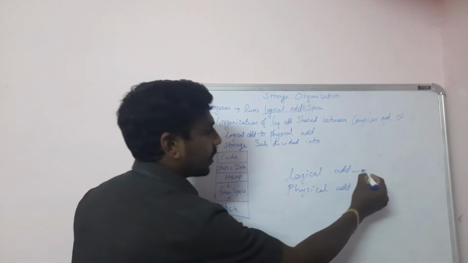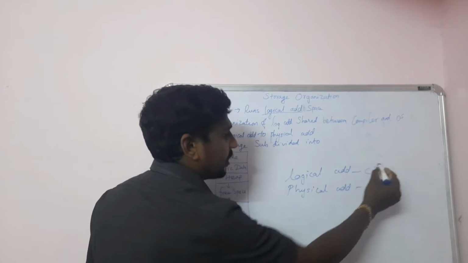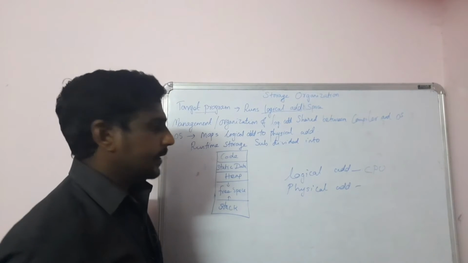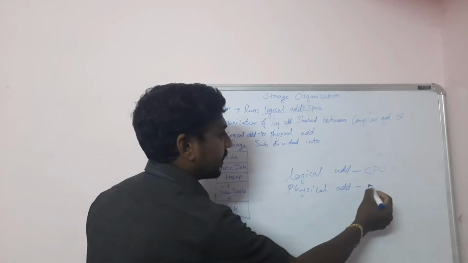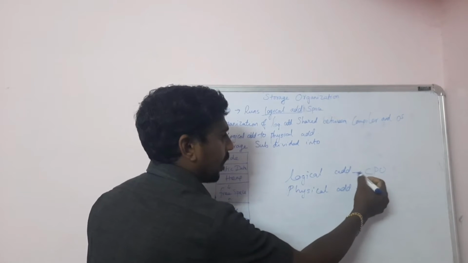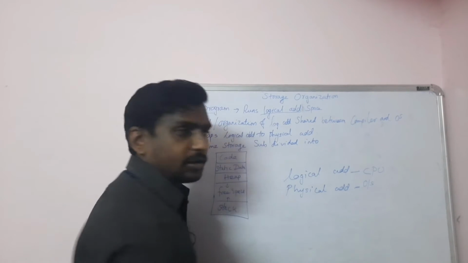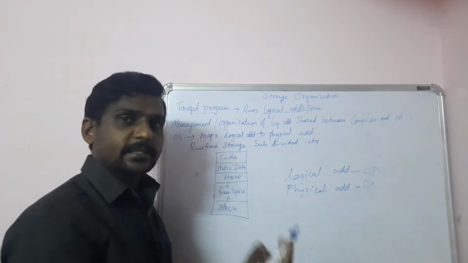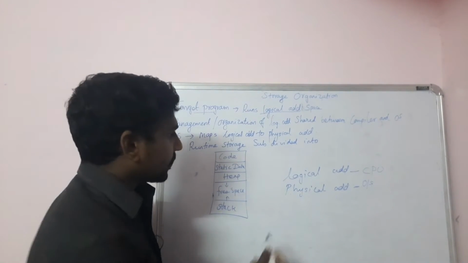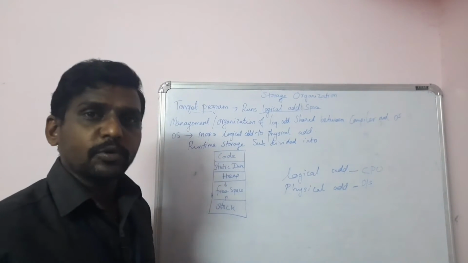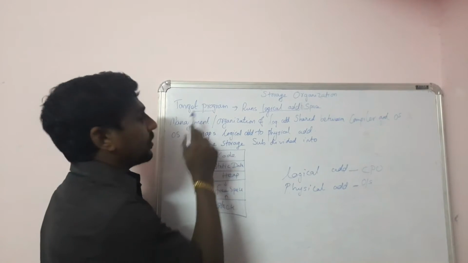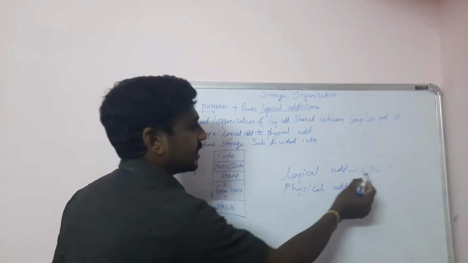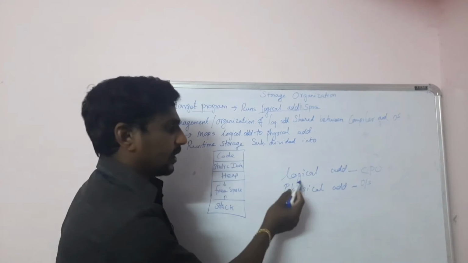Logical address is the CPU generated address. And the physical address is the memory allocation address, that is generated by the operating system. So the target program runs with the CPU generated address, that is the logical address.